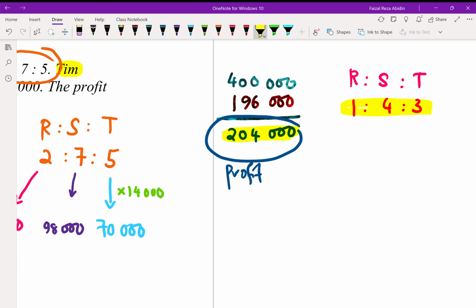From the profit, can I find how much Raju got? So, how many parts? 8 parts, isn't it? So, from 204,000, you are going to find for the Raju here, you are going to find 1 out of 8 times with 204,000.